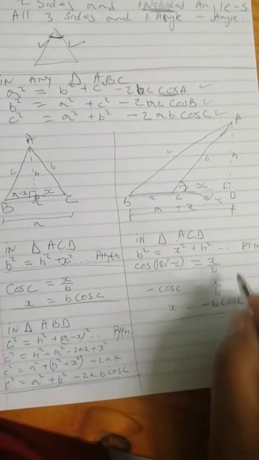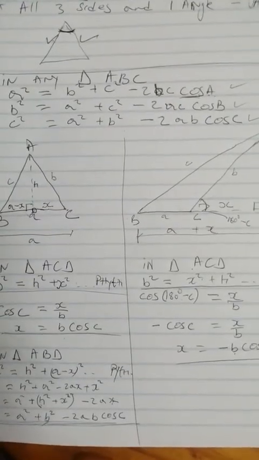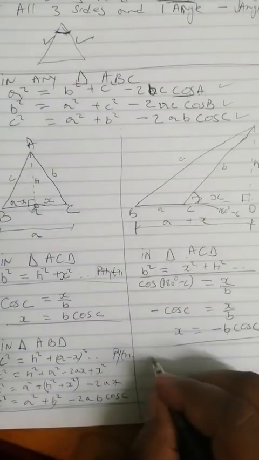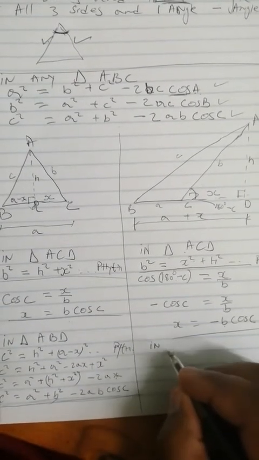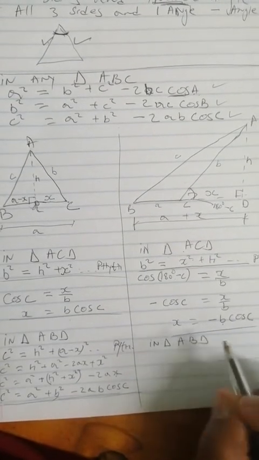These are the two things that you need to remember, this and that. Now, let us look at triangle ABD, the big triangle.